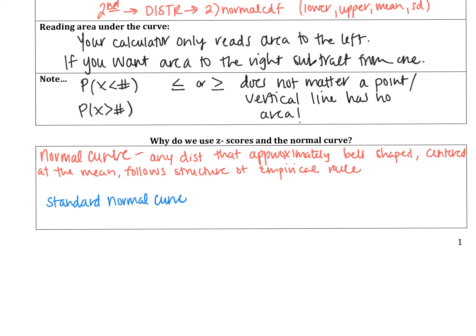A standard normal curve is when we standardize any data set and we force it to always be centered at 0. The mean is 0, and to always have a standard deviation of 1. Up here, observations are individual data points, specific.